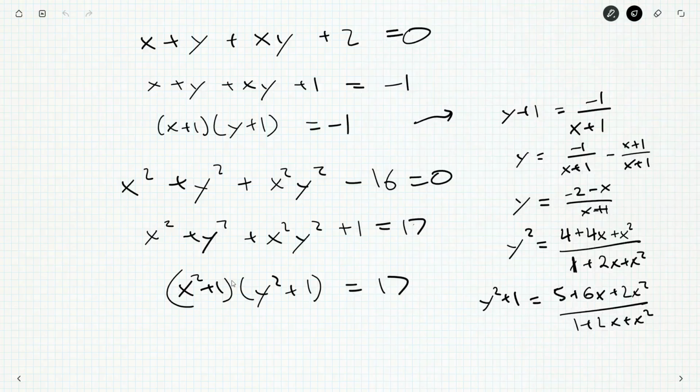But perhaps I approached this one from the wrong angle. So what else is there to try? So x is 4, we get 17, and y is 0, but that'd be 5 and 1. That's not going to work.